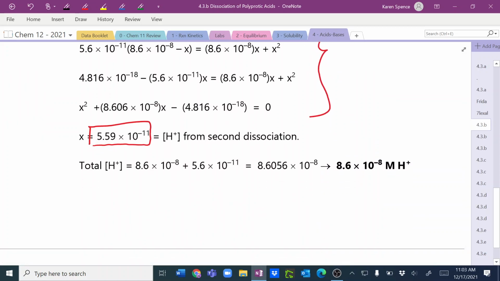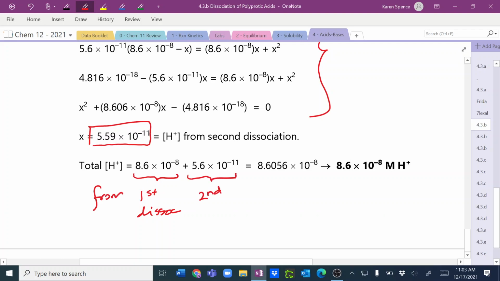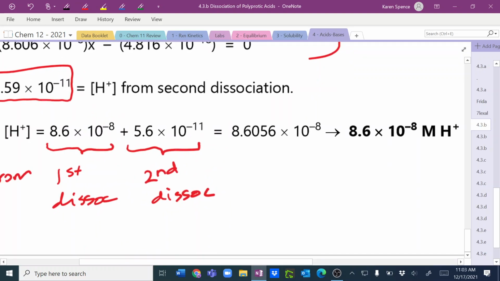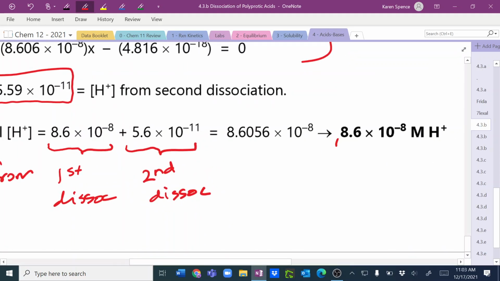And so I now would have, this is from the first dissociation. This is from the second dissociation. There's my total when I add the two up. But you'll notice when I round to sig figs, does this number look familiar? 8.6 times 10 to the minus 8 is how much we got from the first dissociation.